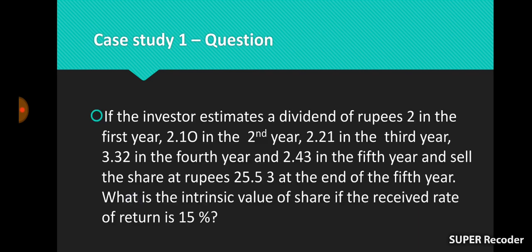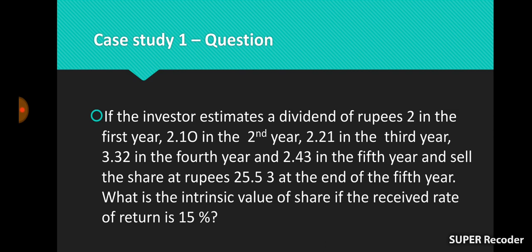Now, let's discuss an example. The question is, if the investor estimates a dividend of rupees 2 in the first year, 2.10 in the second year, 2.21 in the third year, 3.32 in the fourth year, and 2.43 in the fifth year, and he is selling the share at rupees 25.53 at the end of the fifth year, what will be the intrinsic value of the share if the required rate of return is 15%?